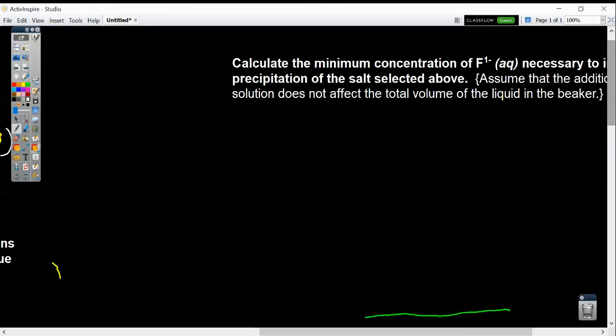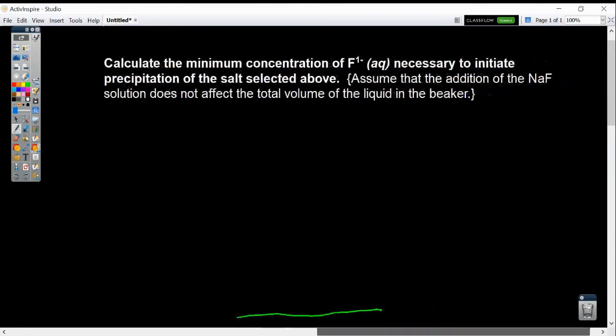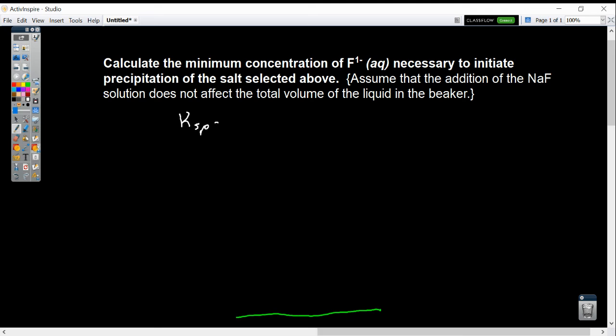The follow-up question to it was this one: calculate the minimum concentration of fluoride to initiate the precipitation. For that, you would say the KSP equals the concentration of calcium multiplied by the concentration of fluoride squared. Again, it's not 2F negative, it's just like with the lithium, it's just the square.